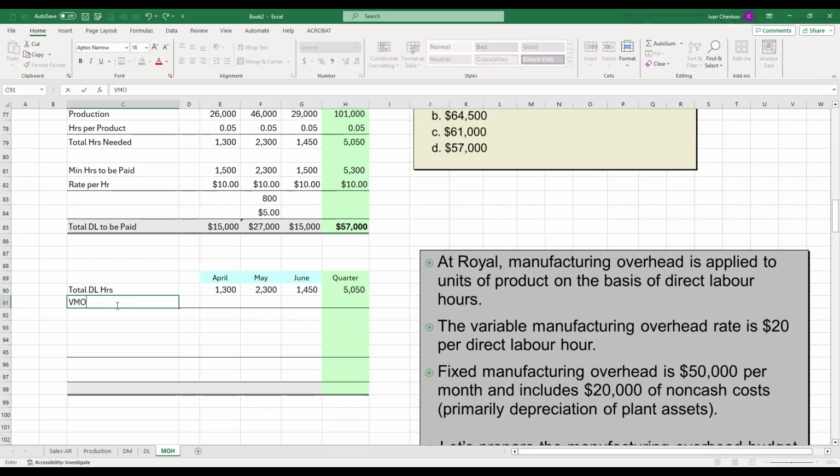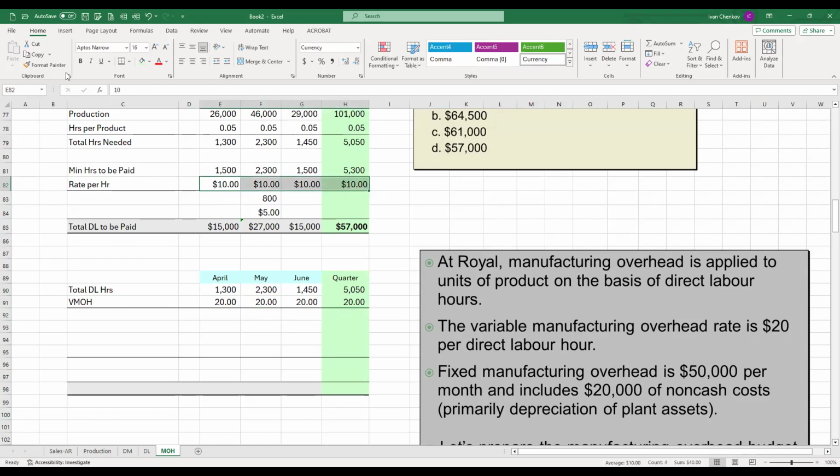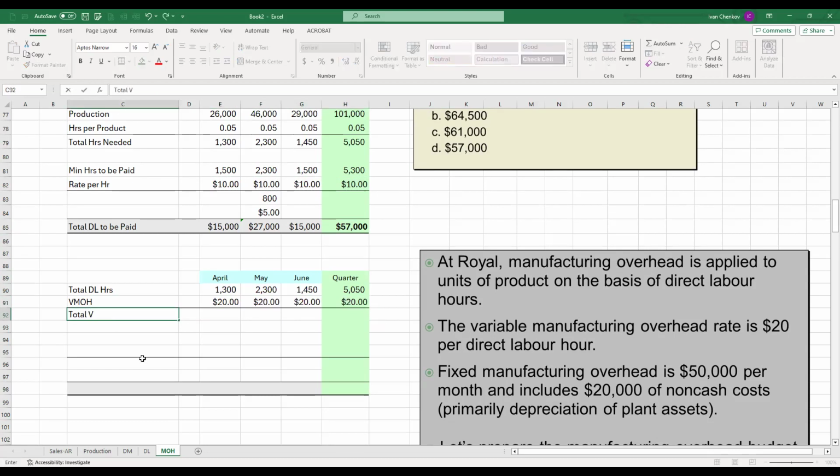I'm going to apply variable manufacturing overhead. It's $20 per hour. And that's going to give me the total variable manufacturing overhead cost.